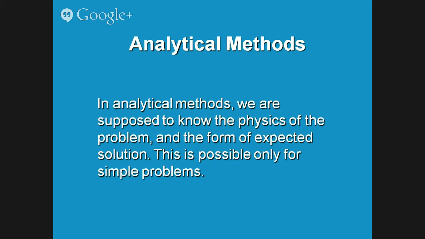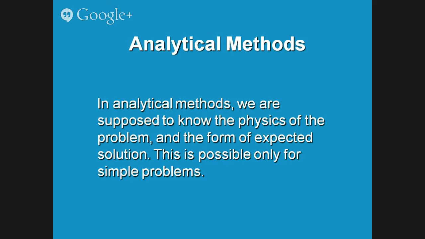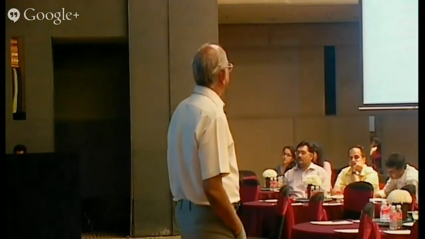Only then can we attempt the analytical solution. And this is possible only for simple problems. For example, with rectangular or circular geometries we use the method of separation of variables, etc. And if it is a complex problem, you run into real complexities.